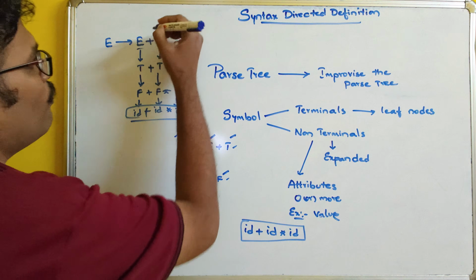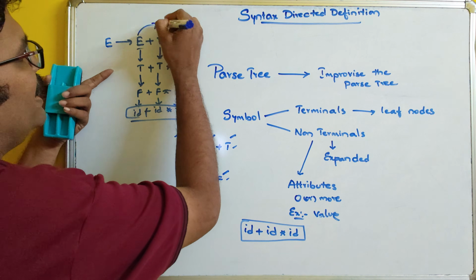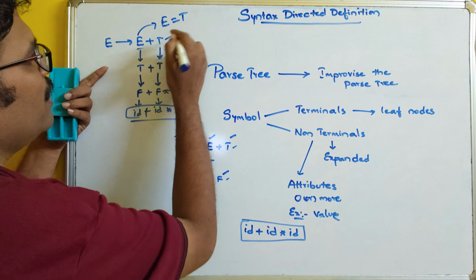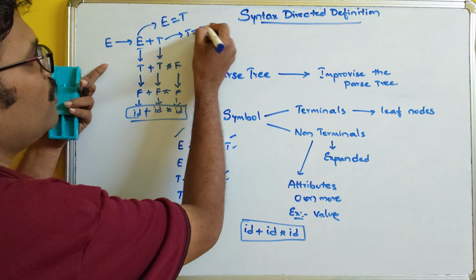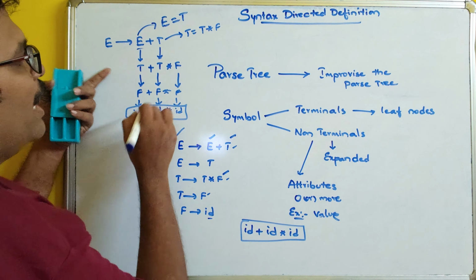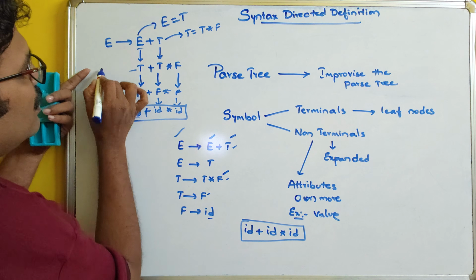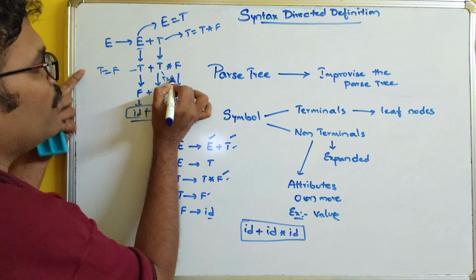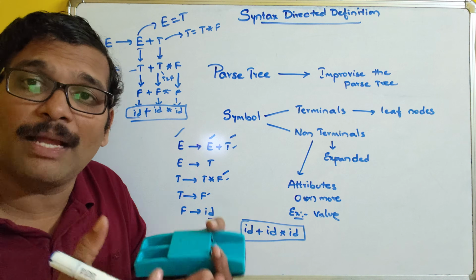For example, see what we are doing here. E is equal to T. T is equal to T star F. And again, T is equal to F. That means for every production there will be some formula.